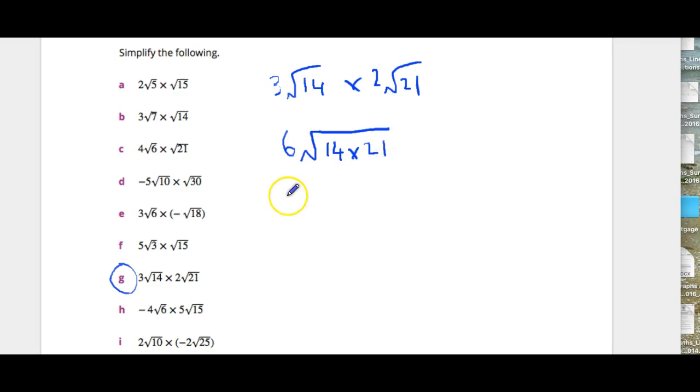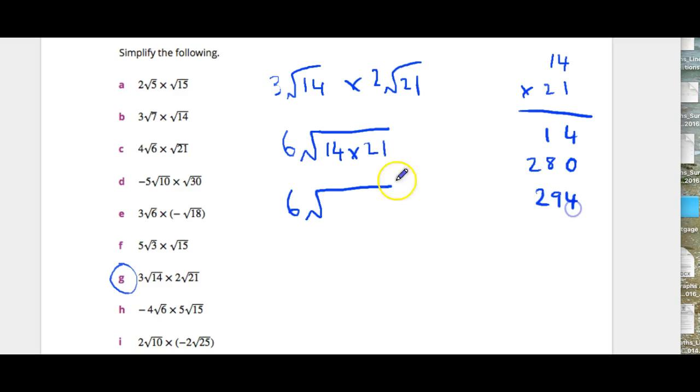Now, 14 times 21 is probably a bit too high for you to do by hand, so I'm just going to do it over here. 4 times 1 is 4, then 1, then 28. So 294. A question like this you probably wouldn't be expected to do without your calculator.